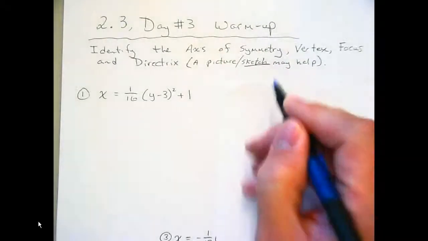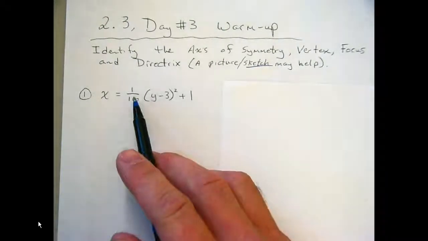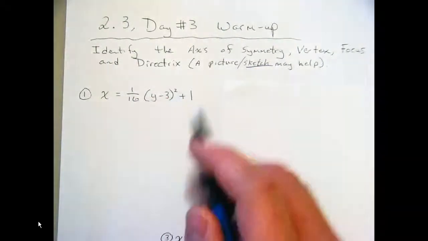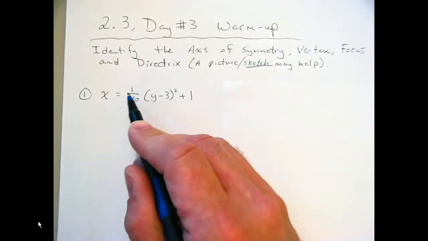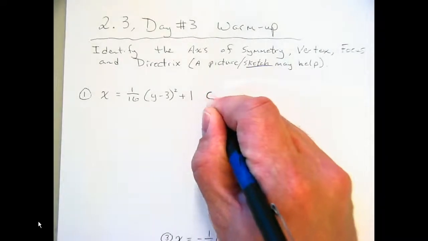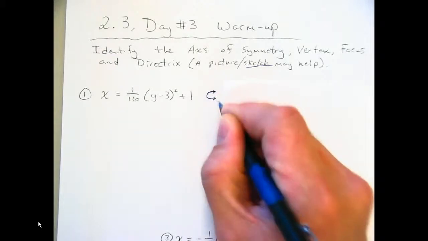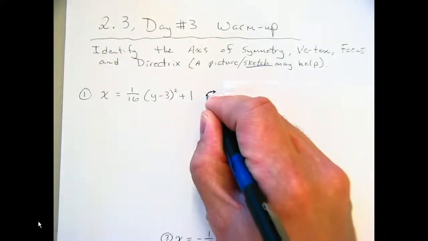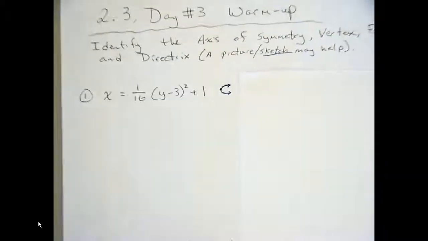So when I'm looking at this problem, x equals 1/16 times quantity y minus 3 quantity squared plus 1, I'm going, that's an x equals. It's a positive a term. That means my graph is going to look like that. That's what I mean by a quick sketch, because we're going to use that picture quite a bit.